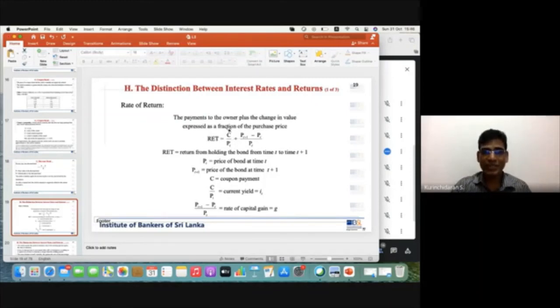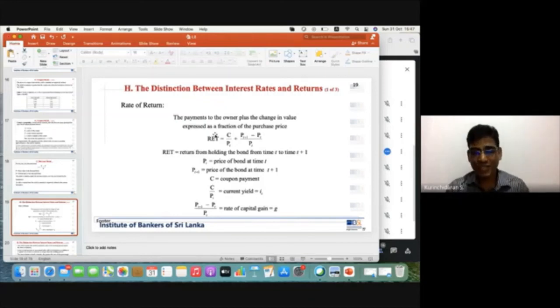Now let's assume this yield is 5% and capital gain is 2%. So your return might be 7%. So now you should understand the interest rate is different, the yield rate is different, and the rate of return is different.